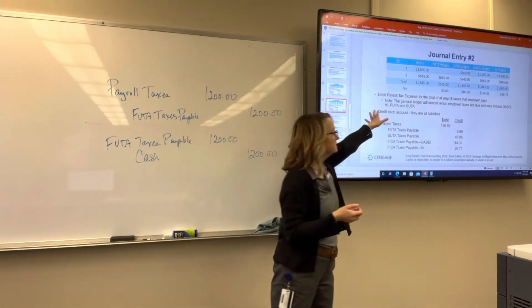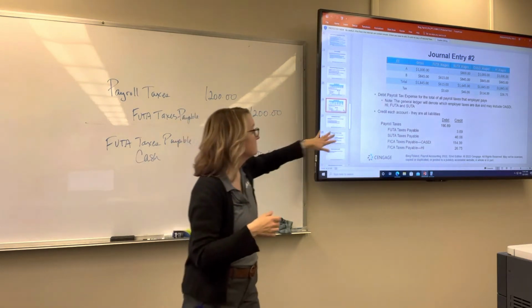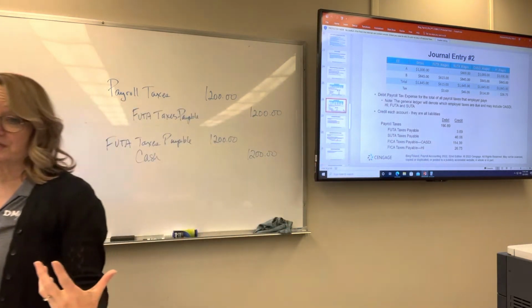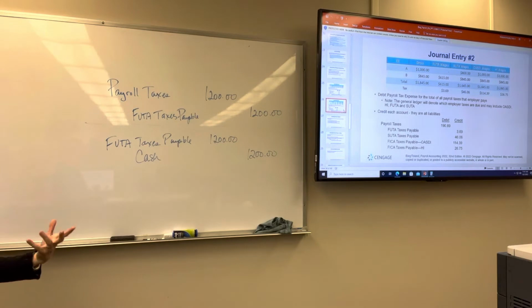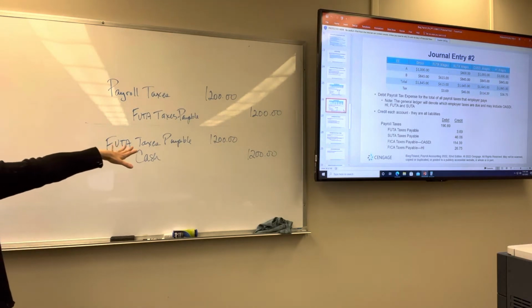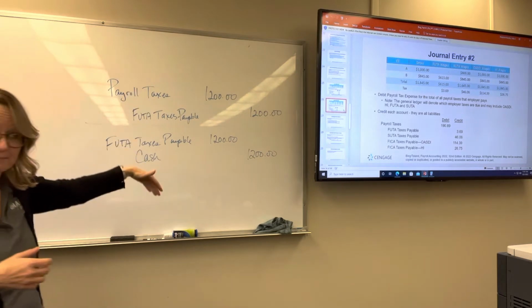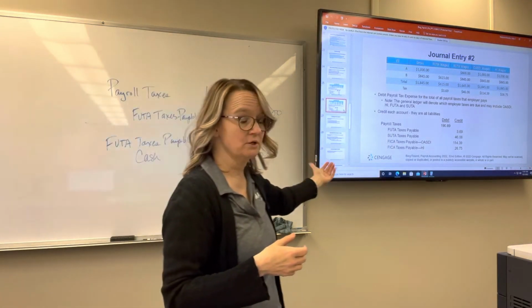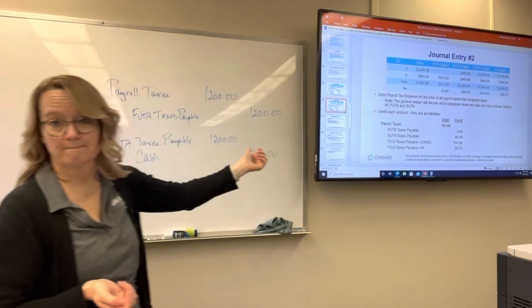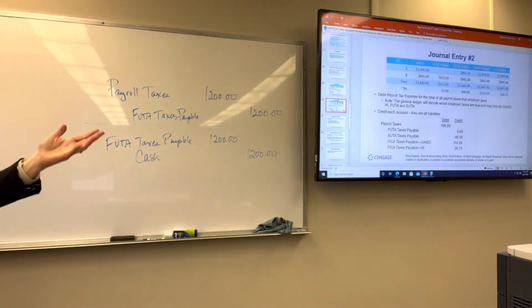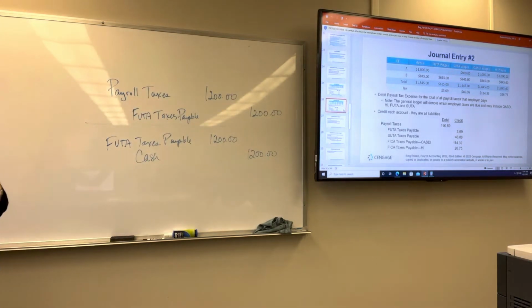In these first two, we're paying the employees. That's what triggers those journal entries. In the next journal entry, we're paying the liabilities that we have accrued at that point. And then we've got the final ones, which is our end of the period. We don't have cash that triggers that entry, but we have the end of the period that triggers that entry.